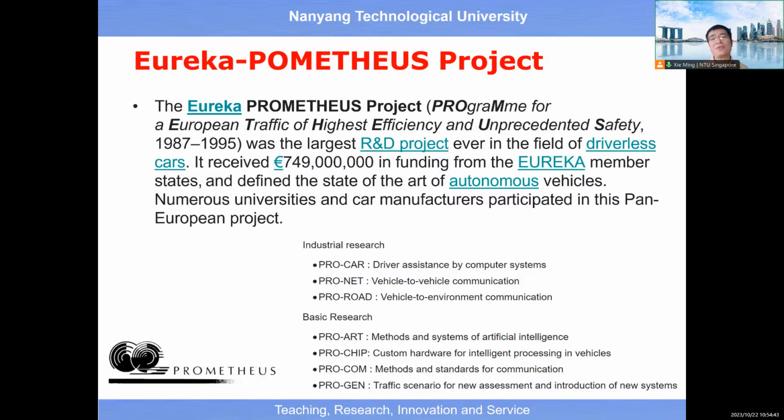So it is very important for you to remember, right, Eureka Promises project, because it is the world's largest initiative, right? And this project was started in year 1986 with the participation of all the major car makers in Europe, all the major research institutes in Europe, all the major universities in Europe, right?